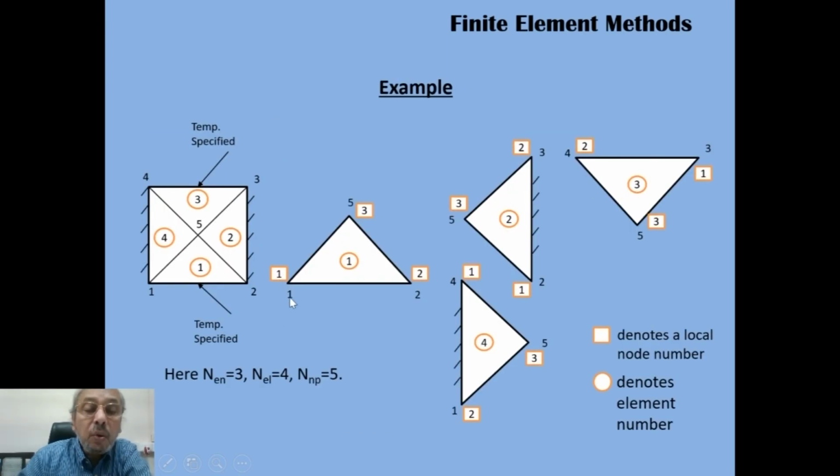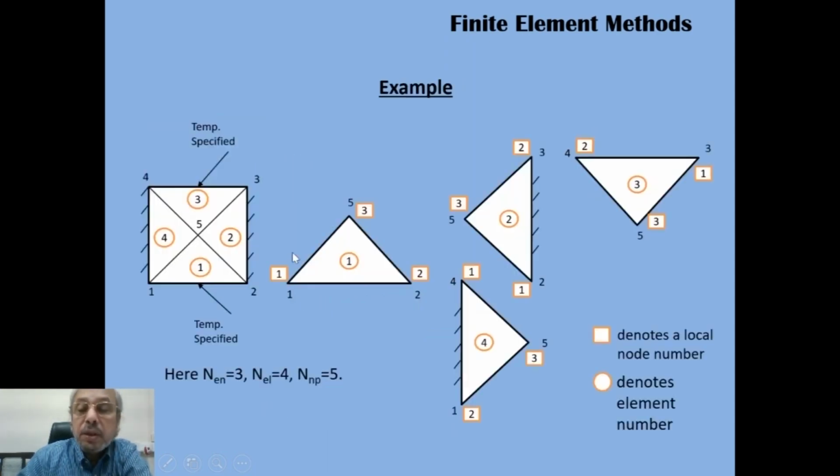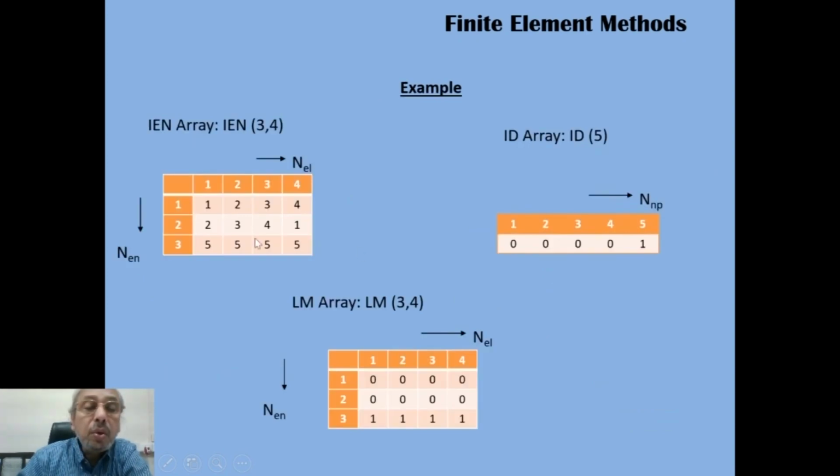What is its global node number? That is also 1. Then element 2, its local node number 1. What is its global node number? 2. So global node number 2.